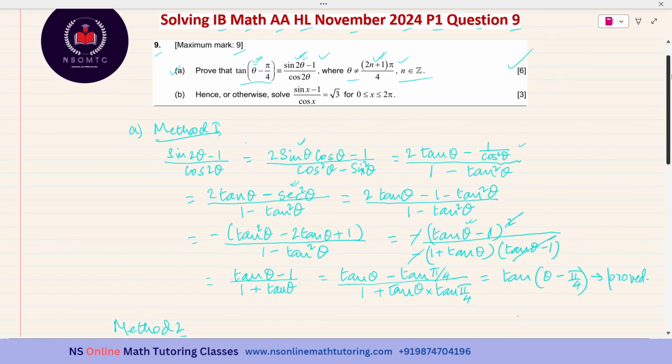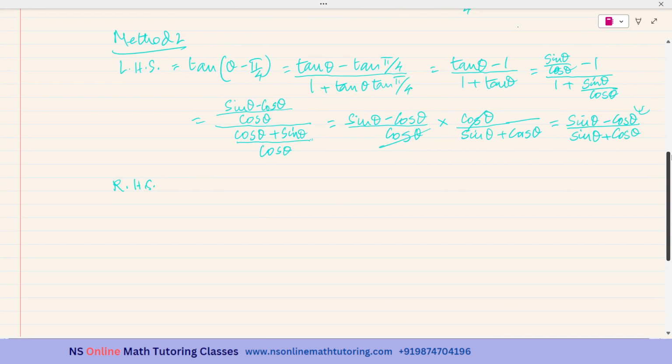Right hand side is sin 2 theta minus 1 over cos 2 theta. Sin 2 theta minus 1 over cos 2 theta, okay, equal to 2 sin theta cos theta minus 1 over, okay, let me write cos square theta minus sin square theta.